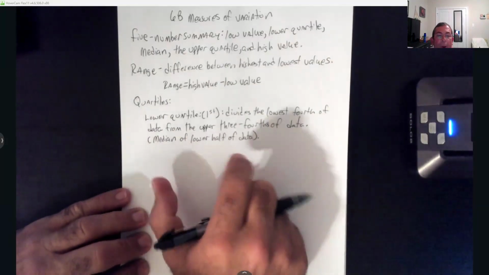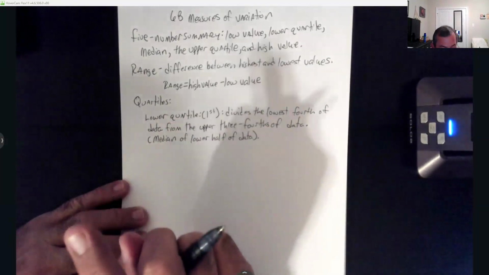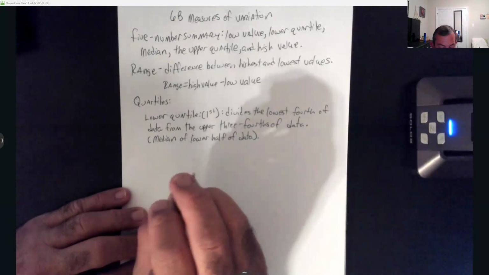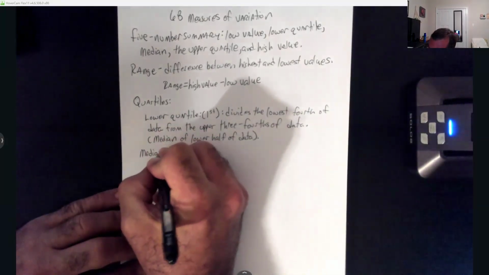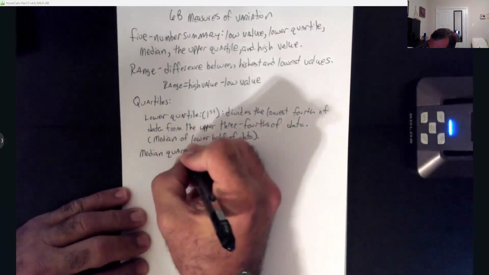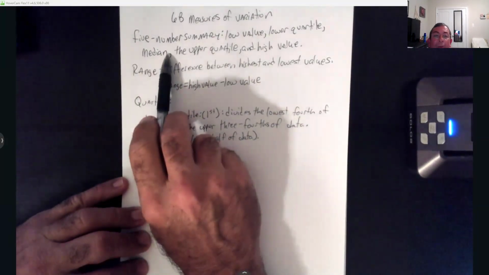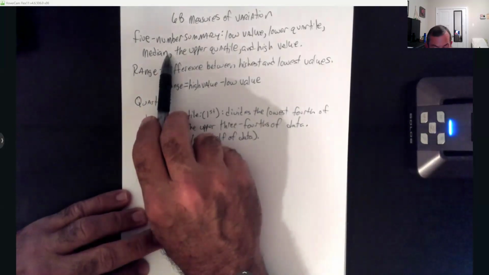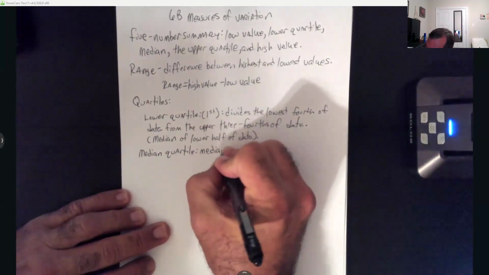So you do that with the bottom half of the data, that splits that into the lower quartile. Then we got a median quartile. And basically, this median quartile is the median. It's the median of the entire data set.